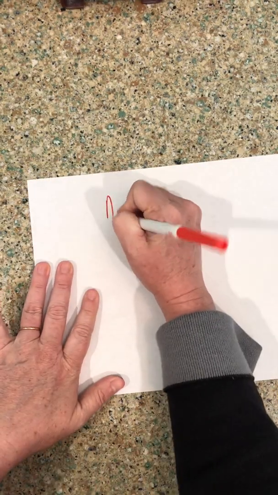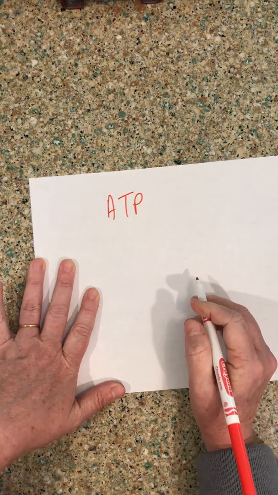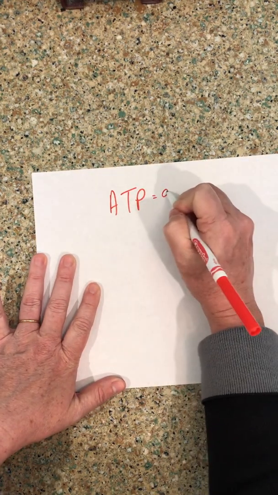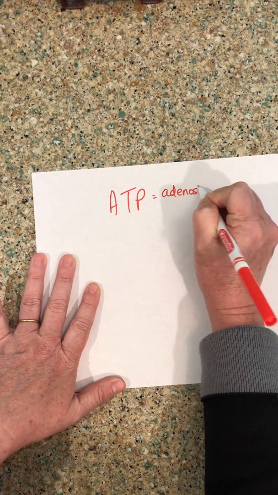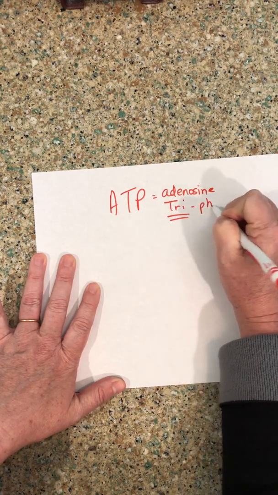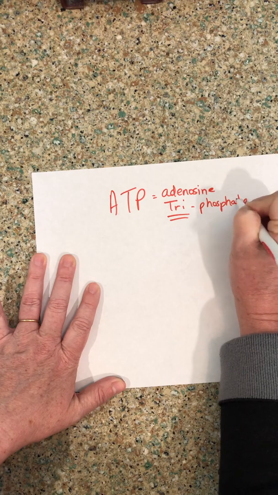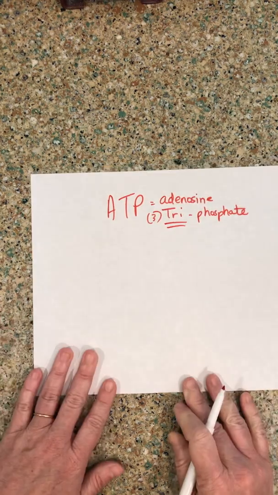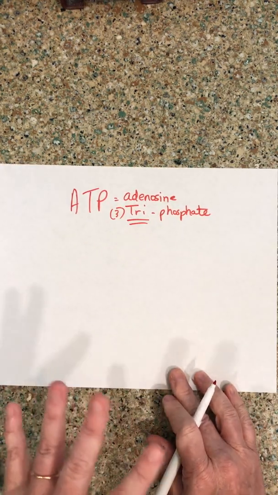Now, ATP, ADP, okay, so ATP is a molecule, and it stands for adenosine triphosphate. Okay, and triphosphate, tri means 3. So it's an adenosine molecule that has 3 phosphates.